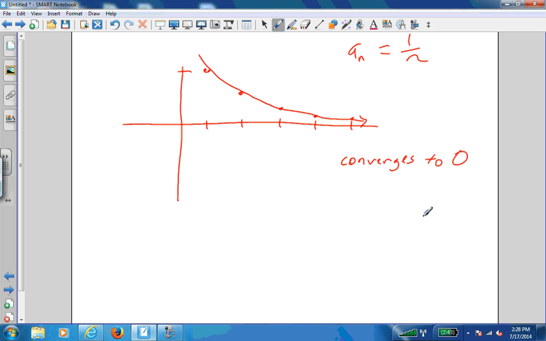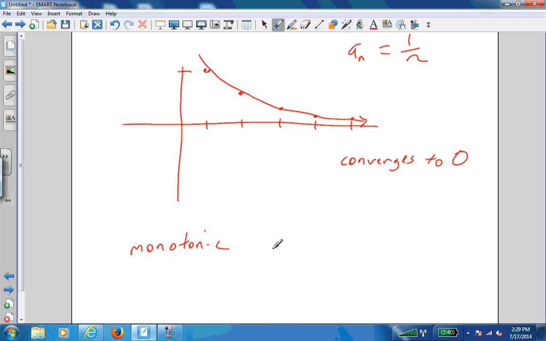And there are different properties mentioned throughout this section. One of them, we discuss the idea of things being monotonic. Monotonic means that each subsequent value in the sequence is either getting smaller from one step to the next, or every value is getting larger from one step to the next.